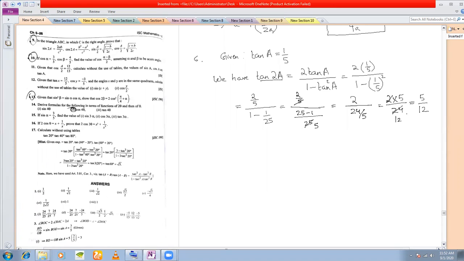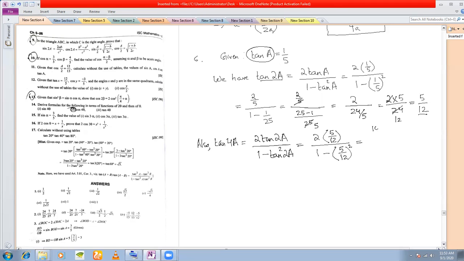We have already calculated tan 2A is equal to 5 by 12 with the help of this tan A. Tan 4A is 2 tan half of 4A, which is 2A, divided by 1 minus tan square 2A, which is 2 tan 2A, 5 by 12, divided by 1 minus tan 2A, 5 by 12, whole square.